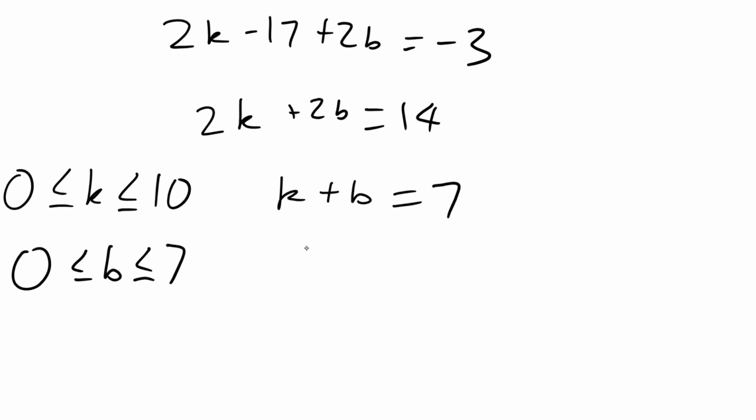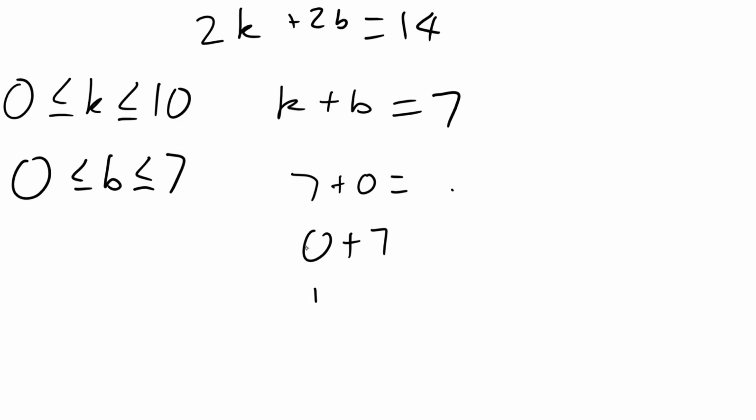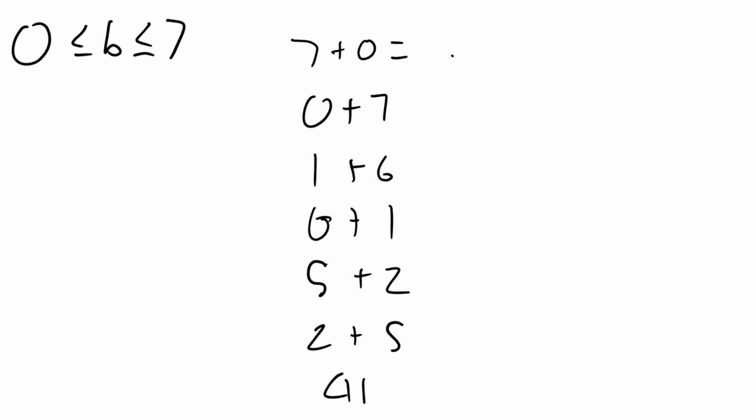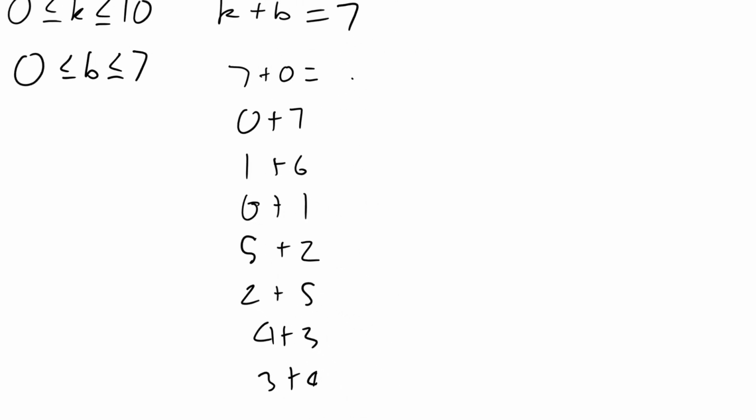So I'm going to start with 7 plus 0 is equal to 7, 0 plus 7, and then the list goes on for a while. That's 6 plus 1, 5 plus 2, 2 plus 5, 4 plus 3, and 3 plus 4, and that should be it.